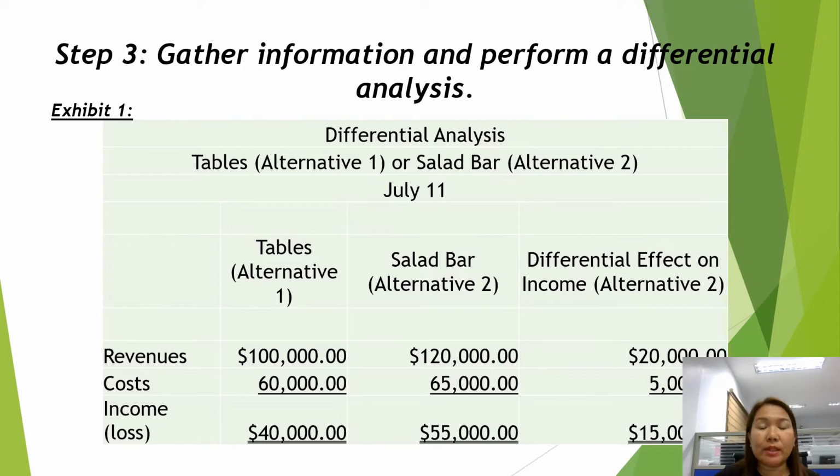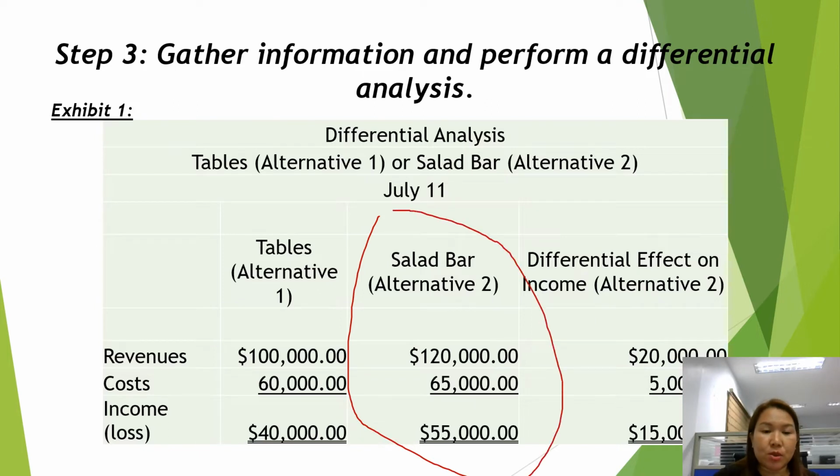Here in Exhibit 1, a differential analysis for tables or salad bar is being shown. The first column shows the revenues, costs, and income for maintaining floor space for tables. The second column shows revenues, costs, and income for using that floor space as a salad bar.